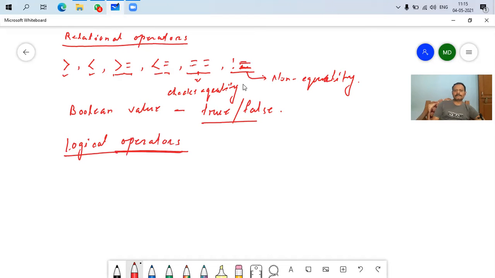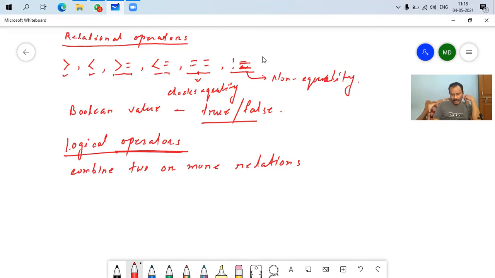The logical operators combine, or are used to perform logical operations, and they may also be used to combine two or more relations. These logical operators are basically used to combine two or more relationships.